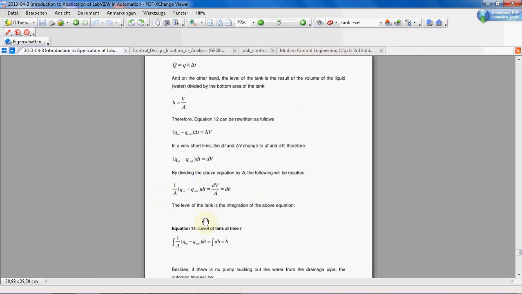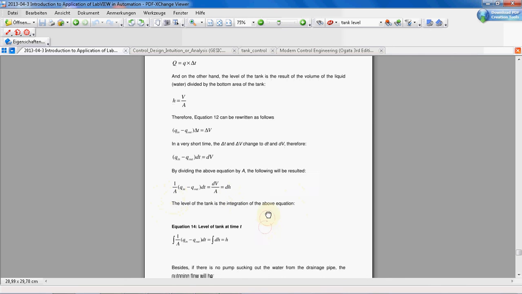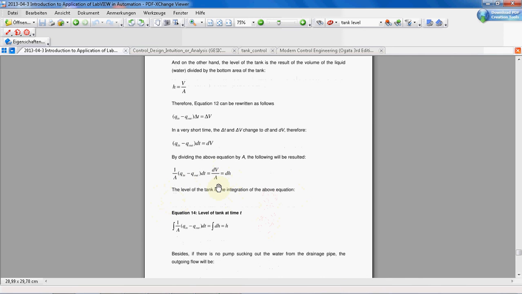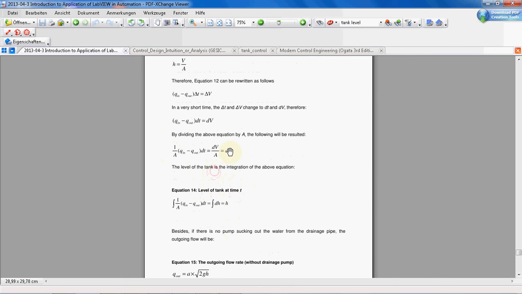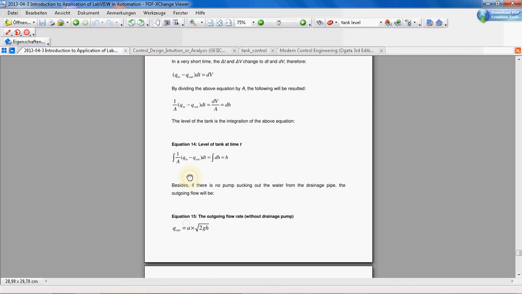By dividing both sides of the equation by the surface area of the tank, actually the surface area of the bottom of the tank, we have this equation. Okay, and dV divided by A is equal to dH. If we integrate this equation, we will have equation 14 as written here.